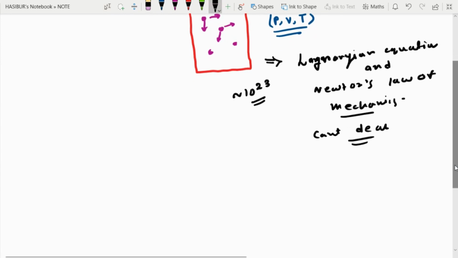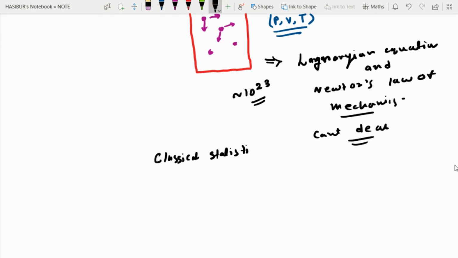So first we need to talk about the classical statistics. What is it? The gas molecules are classical particles. Classical particles are characterized by phase space.